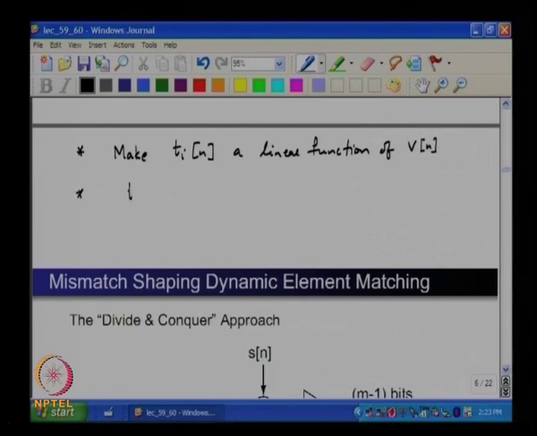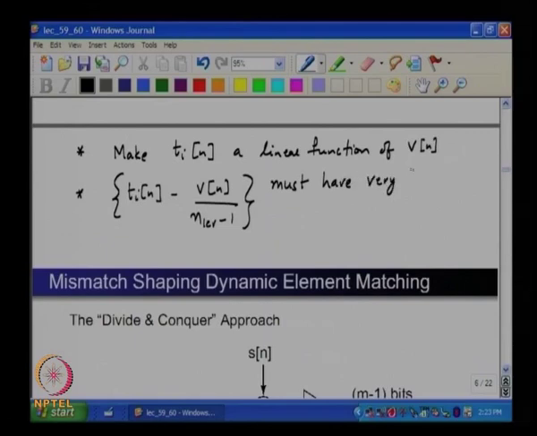And T I of n minus V of n by n level minus 1, how must this look like? Must have very little power in the signal band. In our case, the signal band happens to be at low frequencies.